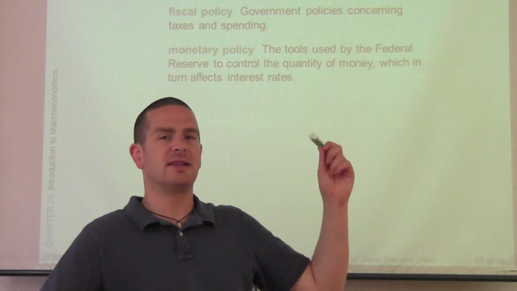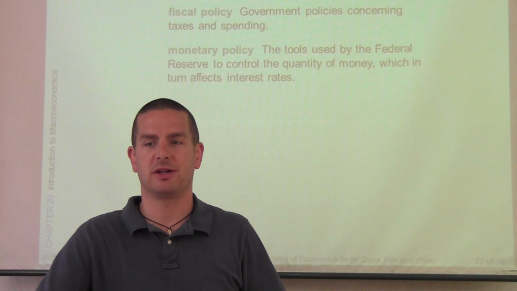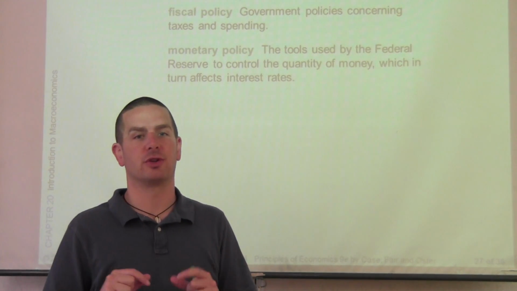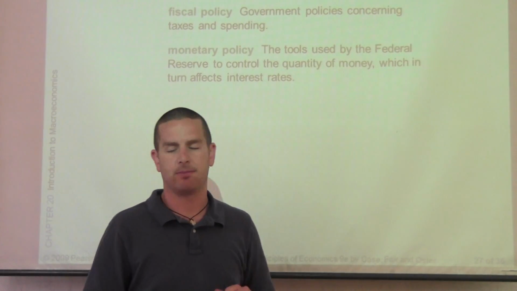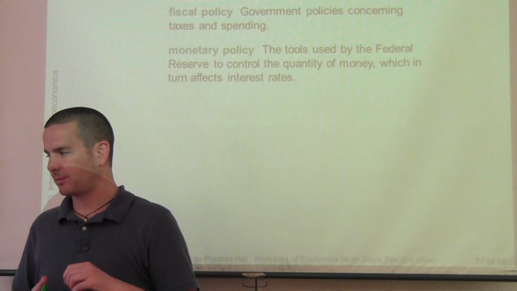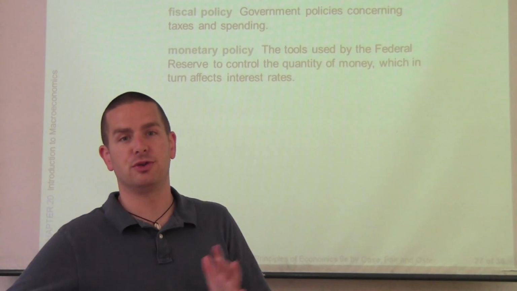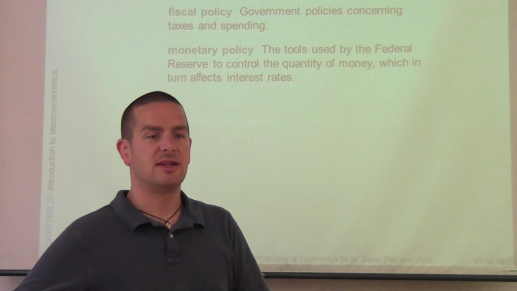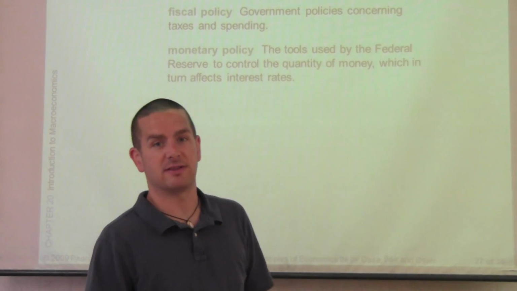This slide says that they control the quantity of money, but they don't control the quantity of money. They set interest rates in trying to control the quantity of money. This is an outdated slide. But the Federal Reserve cannot control the quantity of money. All it can do is set interest rates. So monetary policy is how the Federal Reserve, or the government, sets interest rates.